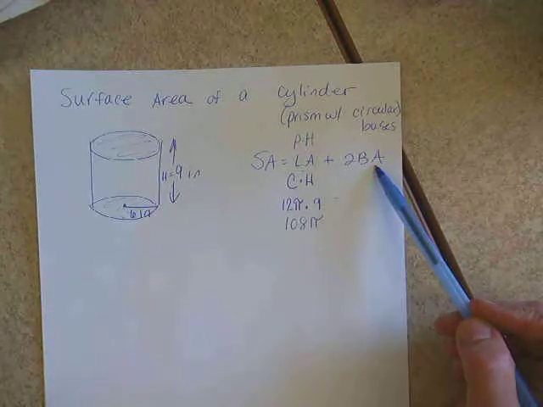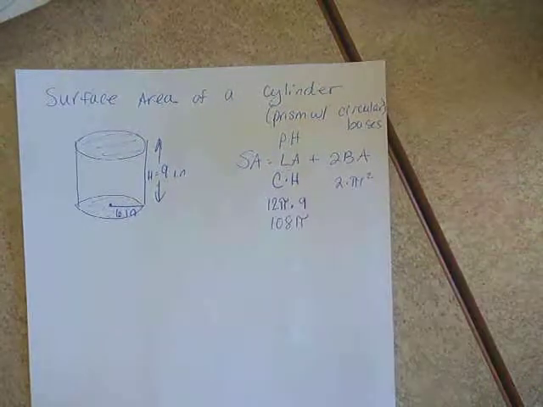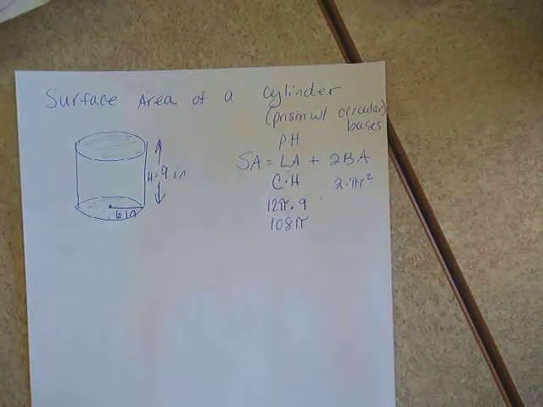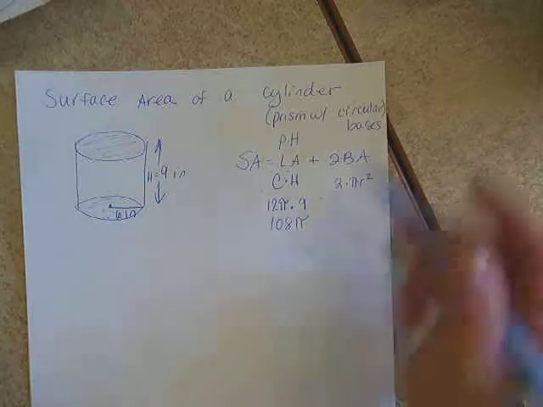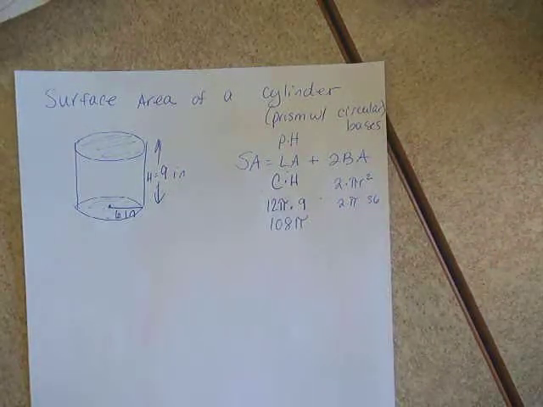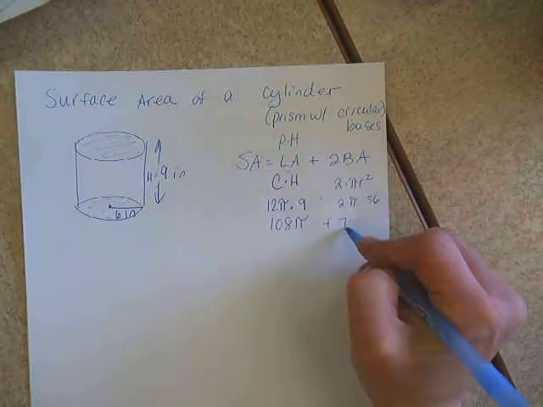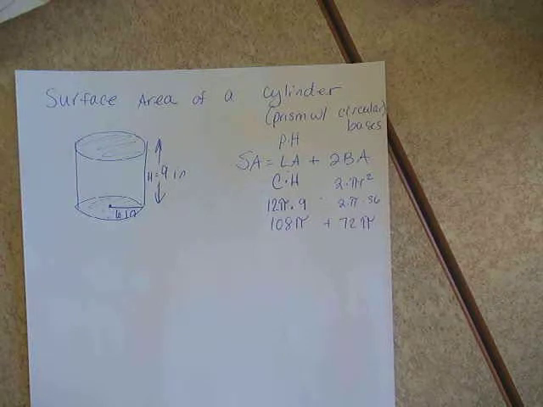So 12 pi times the height of the cylinder, which is 9. So 9 times 12 is 108 pi. And I leave it in terms of pi. You'll see why in a second. So that's my lateral area.